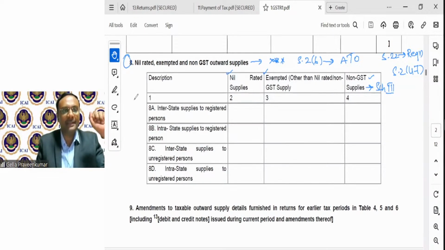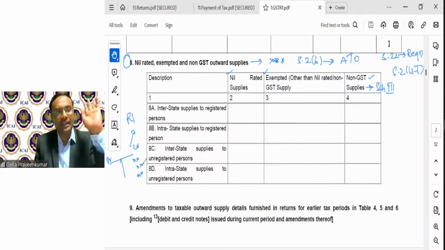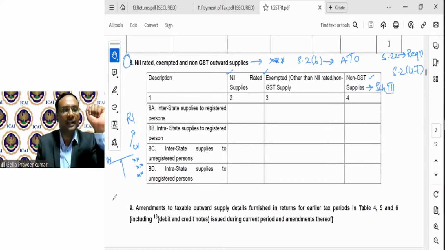For the simple reason, when you look at your profit and loss account, all aspects which have come on the credit side of the P&L should eventually travel to GSTR-1 in any of the tables. Now, some information, for example on the credit side of the P&L, say insurance claim, bad debts recovery, or say duty drawback.